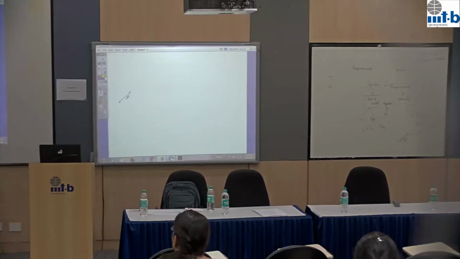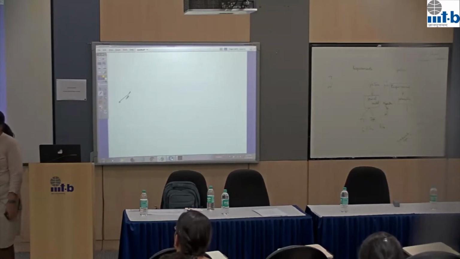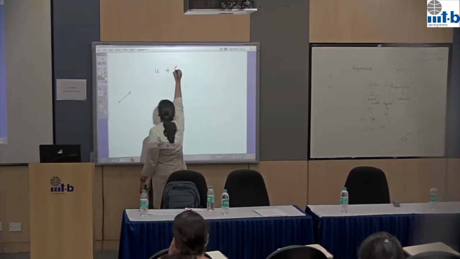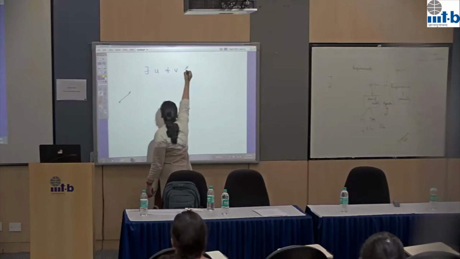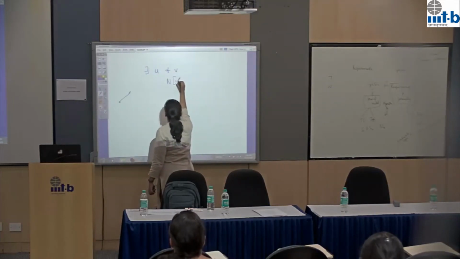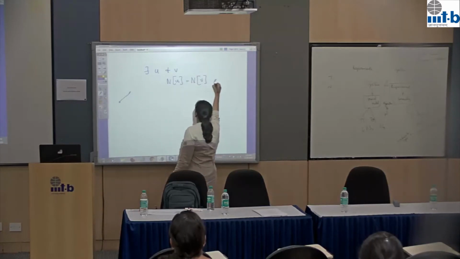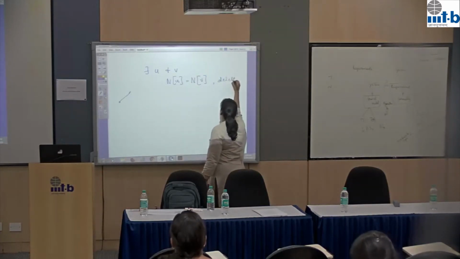And the last reduction we performed was this. If there exist two vertices u and v such that their closed neighborhoods are the same, then we delete one of them. So say there exist u and v such that the neighborhood of u is the same as the neighborhood of v, then delete v.